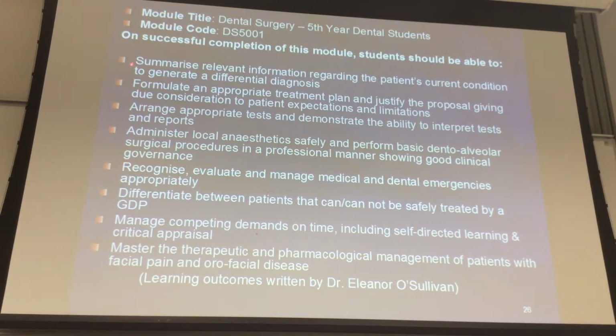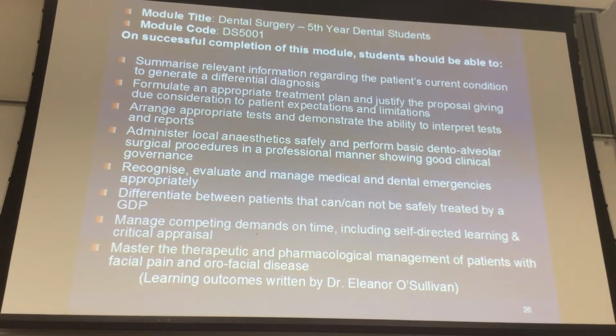And if you look at them, summarize, formulate, arrange tests, administer. There's a psychomotor one there. Recognize, differentiate, manage demands of times, and manage patients. So you can see there, every one begins with an active verb.